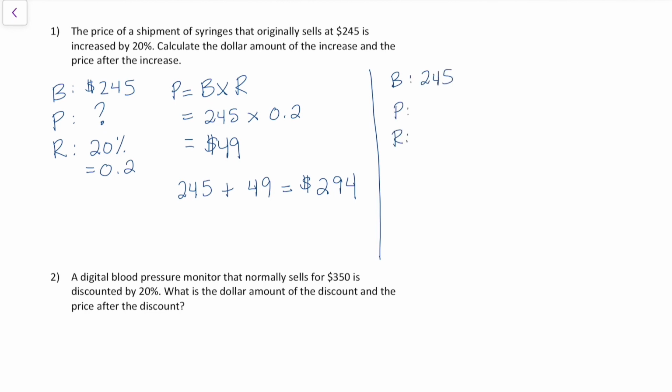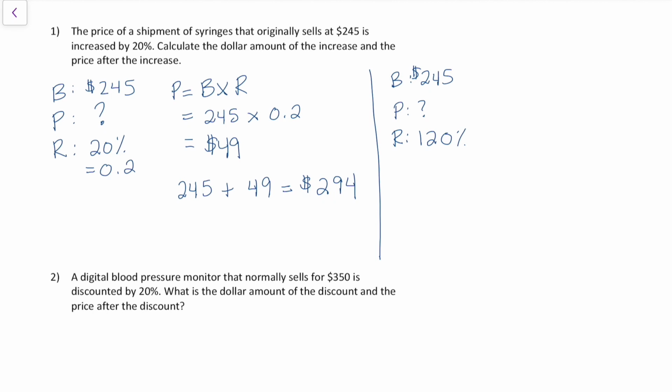The other way we can solve this is by being creative with our rates. So the original is still $245. But if I'm going straight to the price after the increase, then I know the portion, the amount they're going to pay, isn't 20%, it's not 100%, but it's 120%.